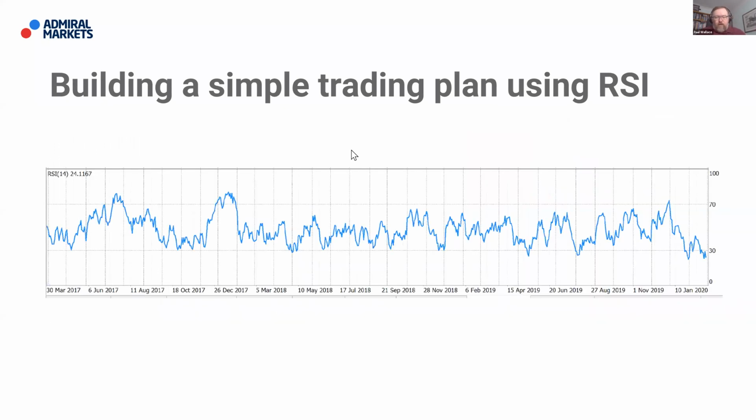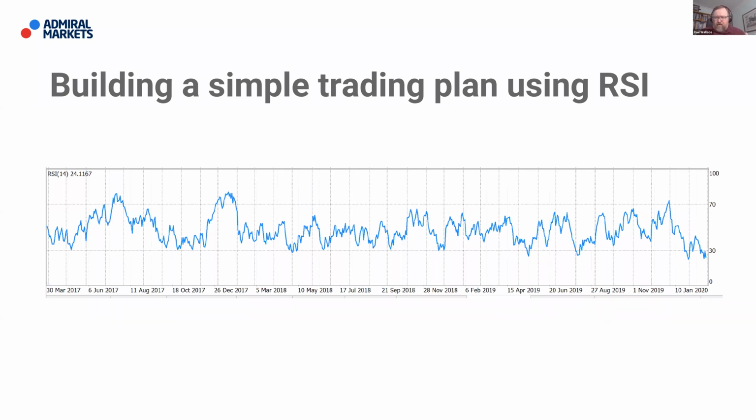So, when you put your RSI indicator on a chart, that's what you normally see. You can see here that the standard settings for RSI are based on a 14 period, and you can find that many traders will play about with different period settings, and you're very welcome to. For today, as an introduction to people using the RSI, we're just going to base it on the standard settings of 14.